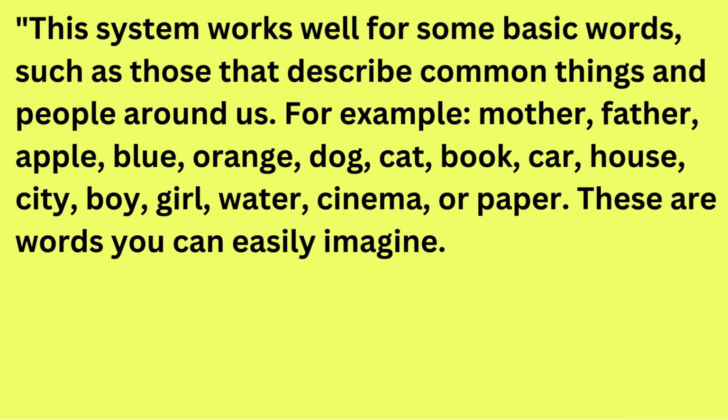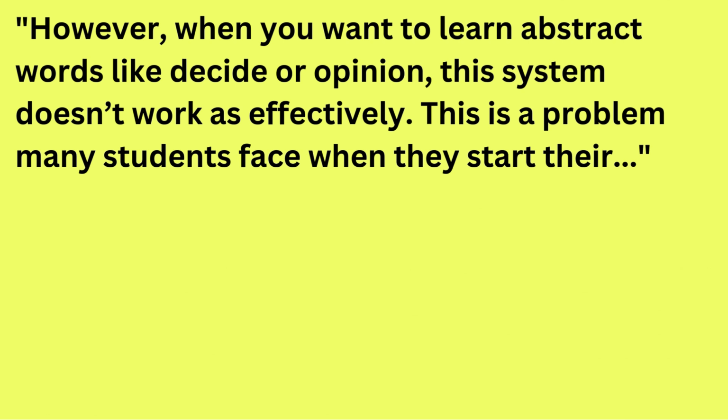For example, mother, father, apple, blue, orange, dog, cat, book, car, house, city, boy, girl, water, cinema, or paper. These are words you can easily imagine. However, when you want to learn abstract words like decide or opinion, this system doesn't work as effectively. This is a problem many students face when they start.